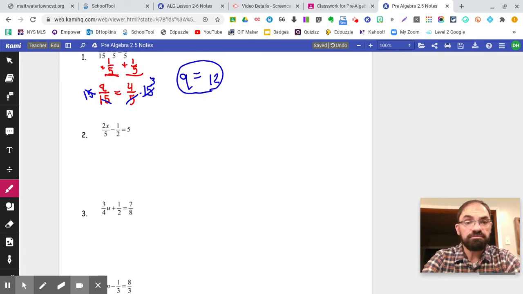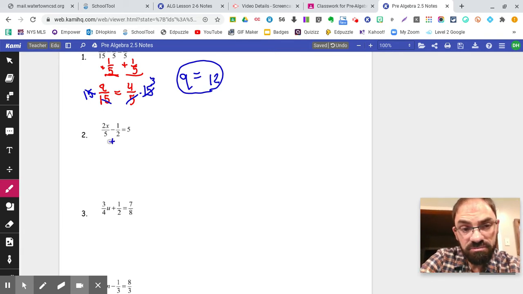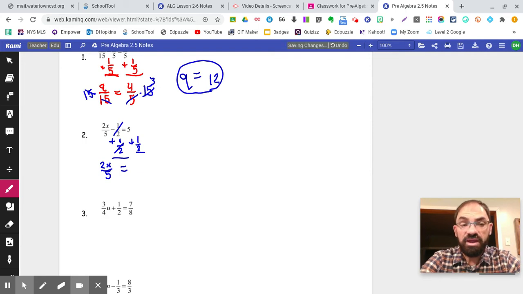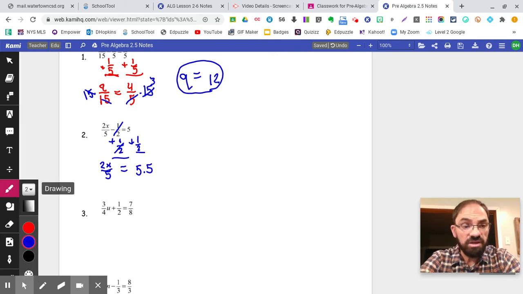Moving on, number 2. To get x by itself, we want to add 1/2 to both sides. So they cancel on the left. 5 plus 1/2 is 5.5. Again, use your calculator. To start getting x by itself, I can do this in one step, I can do this in 2 steps.